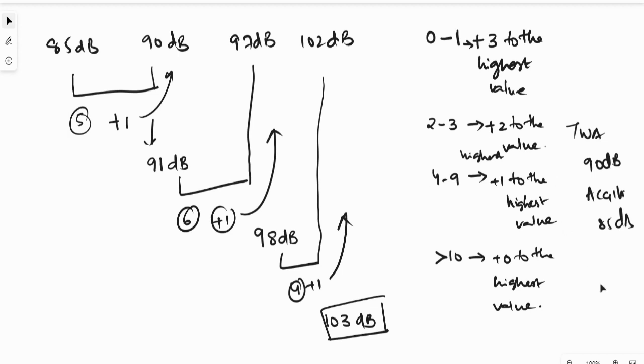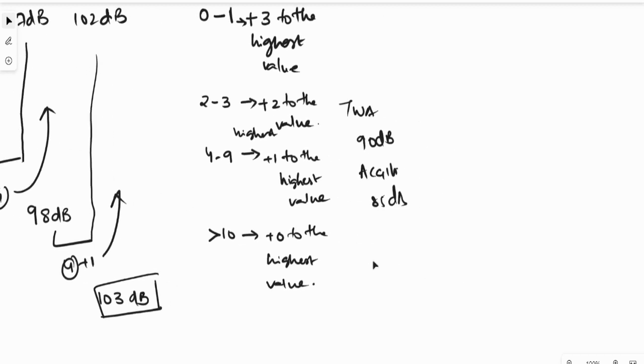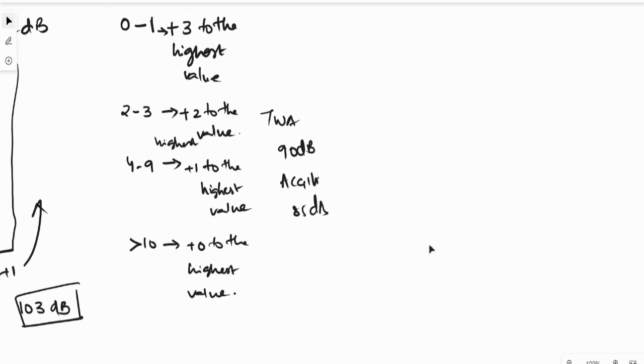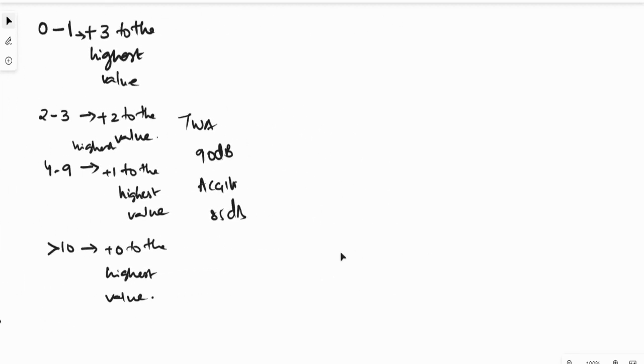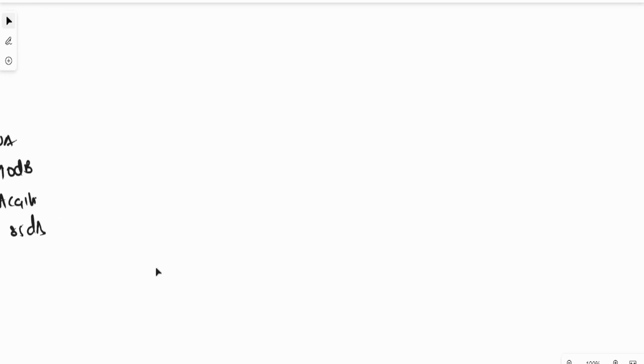But how will you know how much time he can work in that particular area? How will we know? In order to find that, we have another formula to find out how much time he can be exposed to that particular noise.